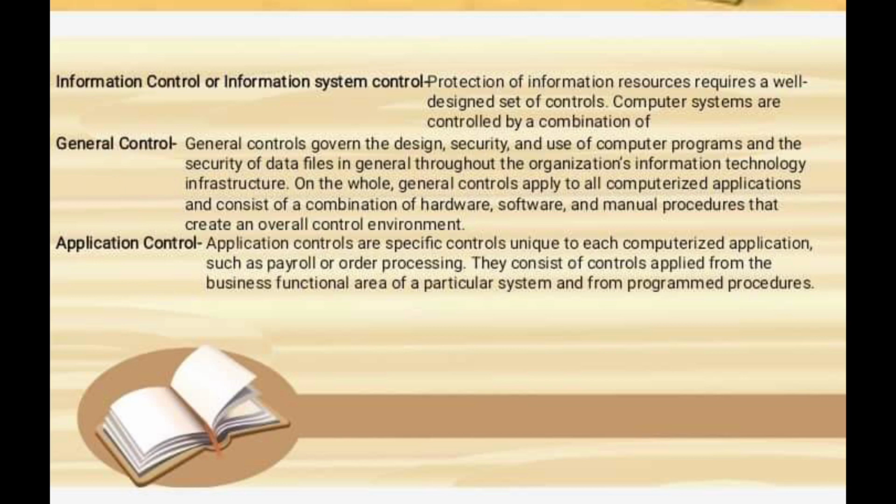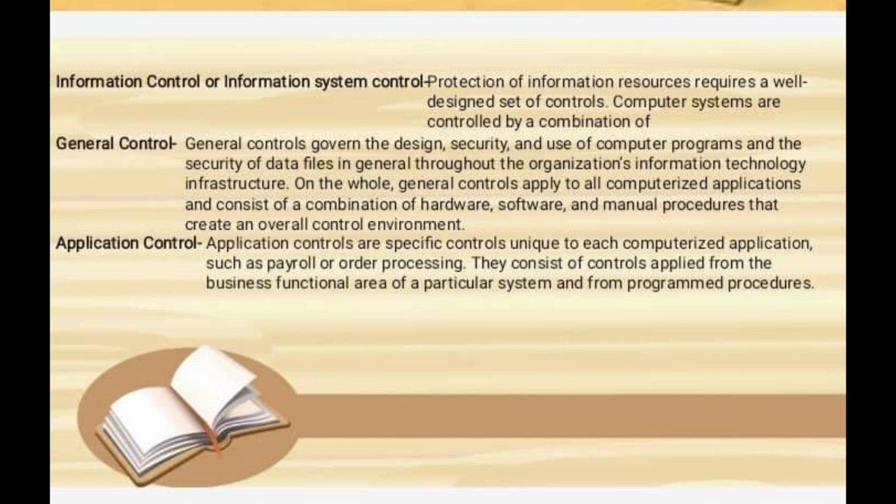Next, application controls. Application controls are the specific controls unique to each computerized application, such as payroll or order processing. They consist of controls applied from business functions or areas of a particular system and from programmed procedures.